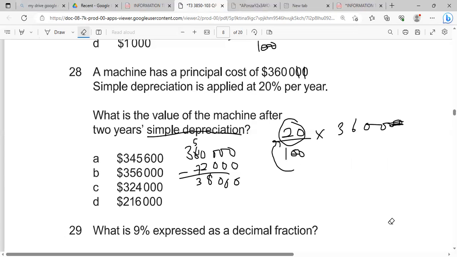So it's supposed to be 72,000, because this was supposed to work out to 72, but I was taking off 72 alone. So in all, it's going to be 72,000 plus the 72,000. So this works out to 72,000.